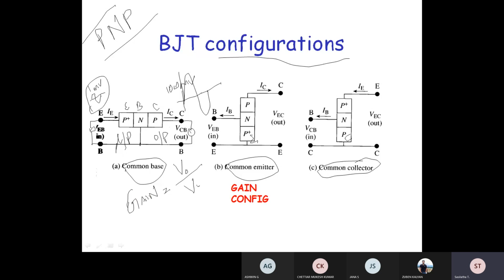For example, if the output voltage V naught is 100 millivolt, divided by the input voltage of 1 millivolt, what is the gain? Gain has no unit. So 100 divided by 1 is equal to 100. 100 is the gain. It is multiplied, or amplified, 100 times. Understood?